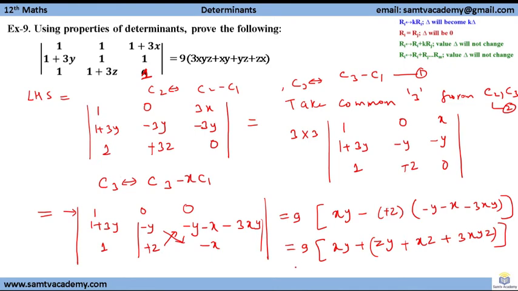Sorry for the little mistake, sign change. So now it is 9, and write it as 3xyz plus xy plus yz plus zx. So now it is equal to the right hand side, hence proved.